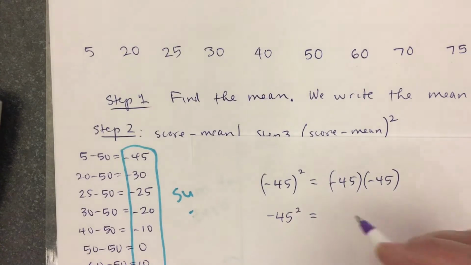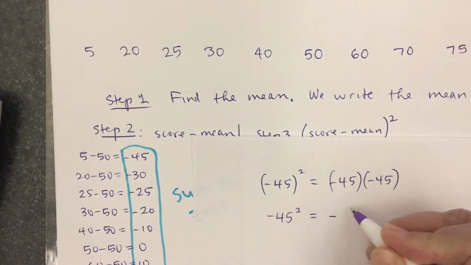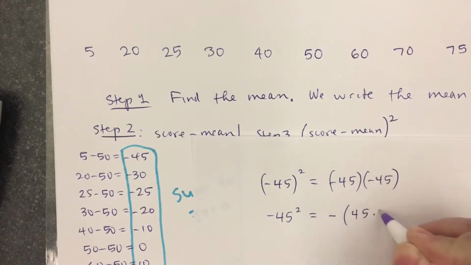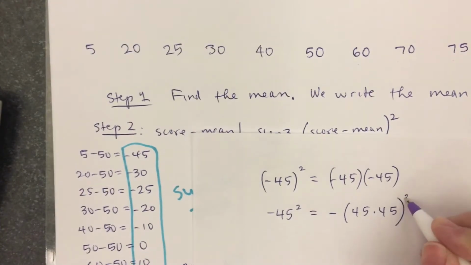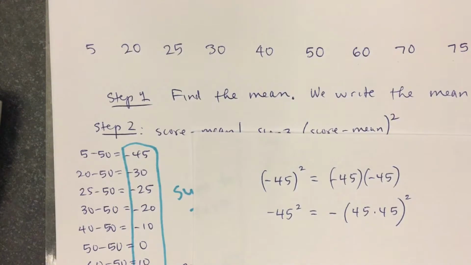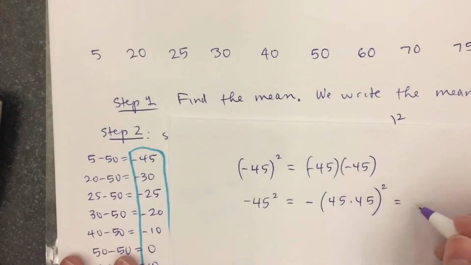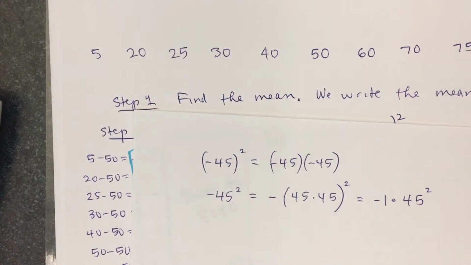If I don't have parentheses, it's really -45, like I could really put the parentheses around the 45 times 45. Or I could think of it like this. -45, no parentheses squared, is really -1 times 45 squared. The square does not act on the negative sign.